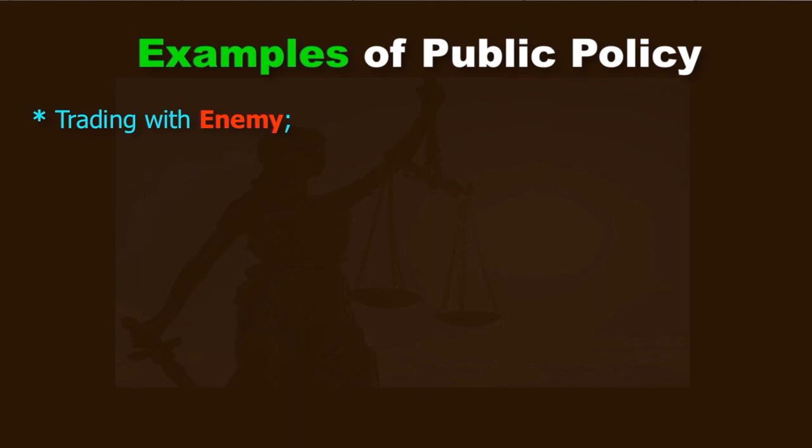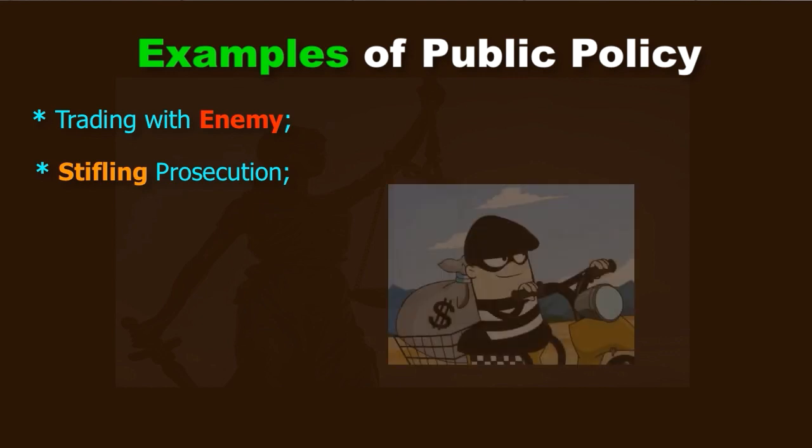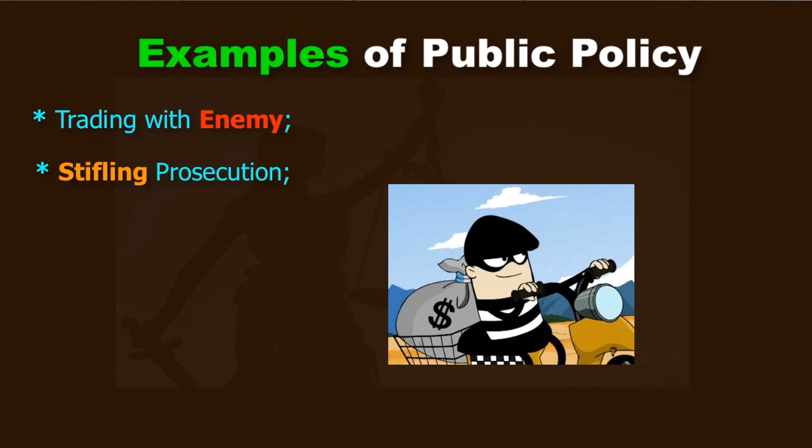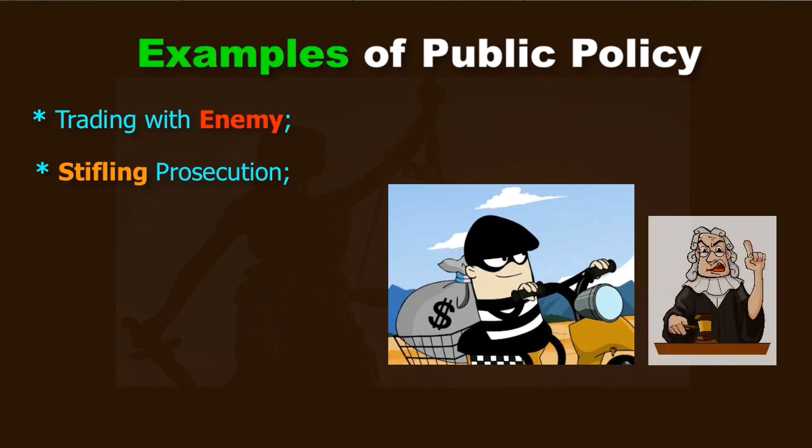The next one is stifling prosecution. It is an interesting point. You need to understand it. Let's take an example. Suppose someone committed some crime, and after that he tells someone, if you do not prosecute me, I will pay you this much amount.